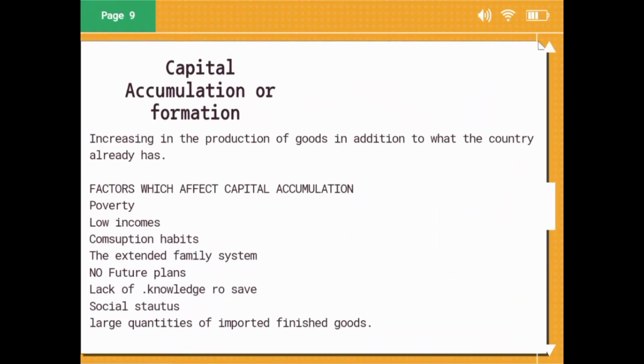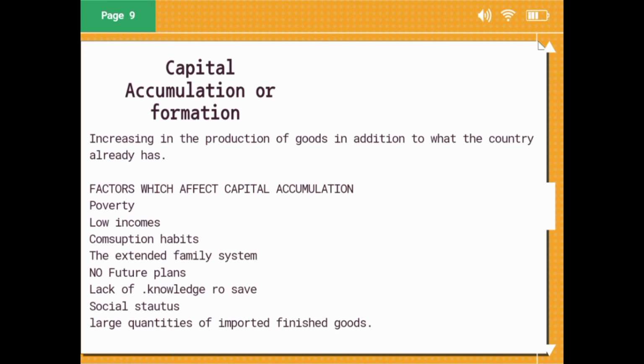Capital accumulation or formation. What is capital accumulation? Capital accumulation is simply the increase in the production of goods. Now look at this one. Economic growth is the increase in the country's productive capacity. Now, what of capital accumulation?